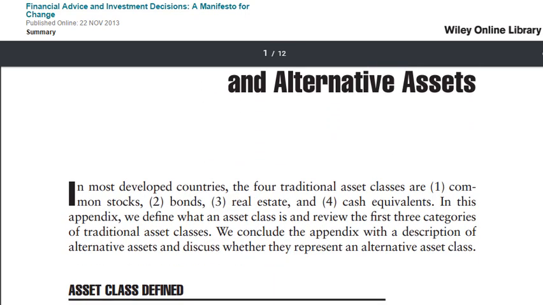And if you just scroll down a little bit, it says in most developed countries, the 4 traditional asset classes are 1, common stocks, 2, bonds, 3, real estate, and 4, cash equivalents.